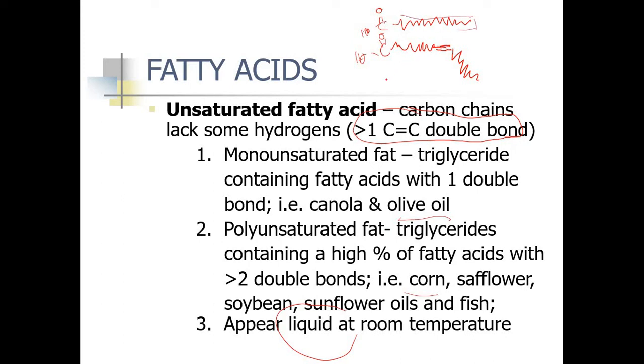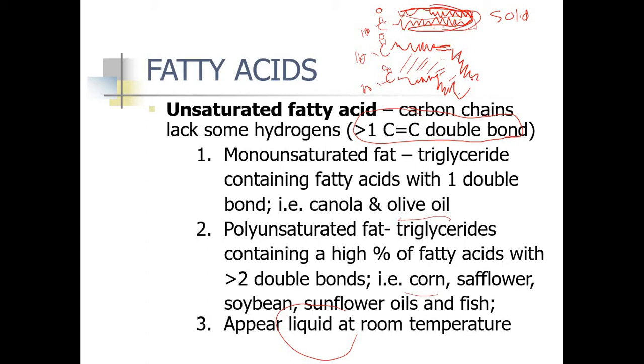So it cannot form a straight chain if there is a double bond. So there is space compared to the saturated, which forms a very compressed structure. That's why this appears solid: it is compact and rigid, because the fatty acid moieties are packed closely together.